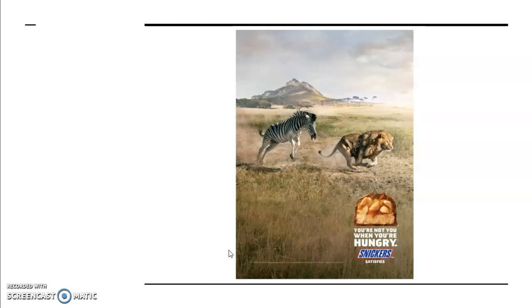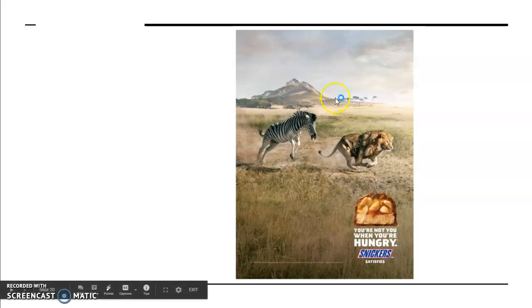Now, as part of the surface meaning, we can suss out that there are some incongruities in this image. Zebras are not usually chasing lions. Usually, lions chase zebras. So in a nature documentary, we are often encouraged to take the side of both the zebra and the lion, depending on what the scene is like and how it's been set up.